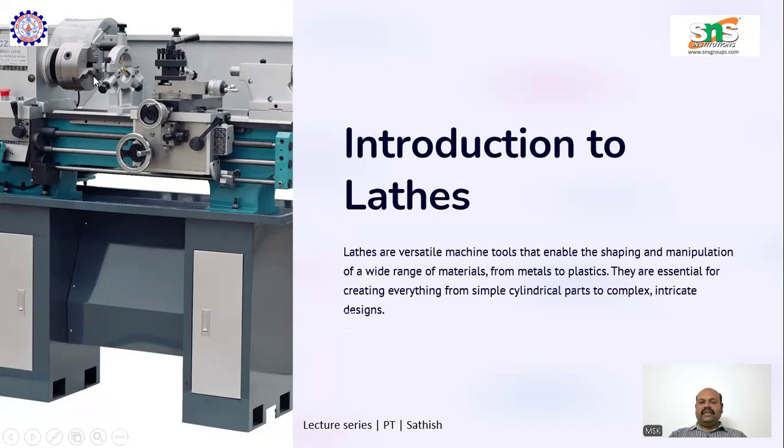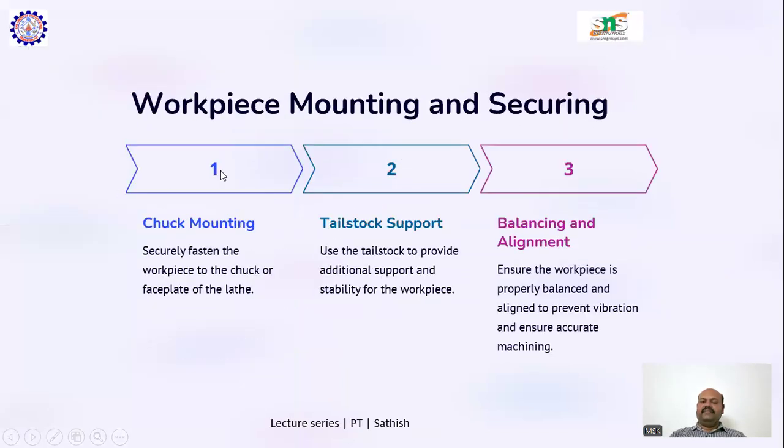The second one is tailstock support. Let us go to the diagram here. Whenever we have a long workpiece, that is, the length is higher, we go for a follower rest, so that the workpiece does not bend whenever a depth of cut is given by the tool. This tailstock is mounted with the center. That is why we call this a center lathe.